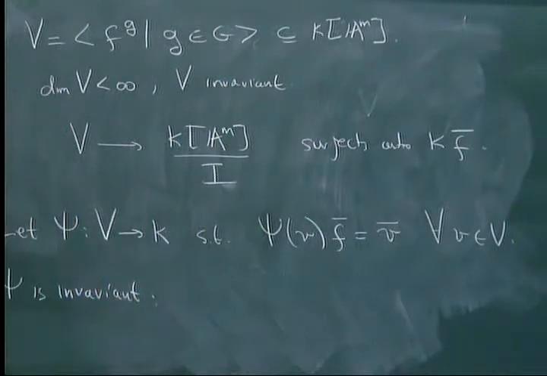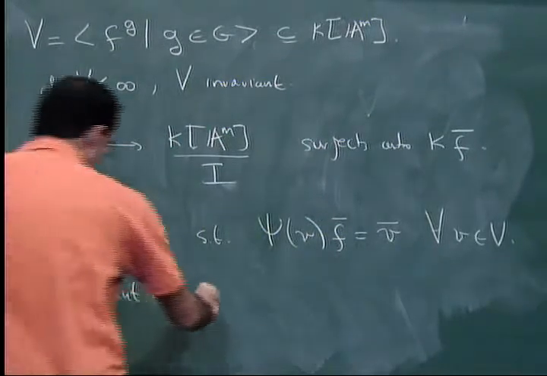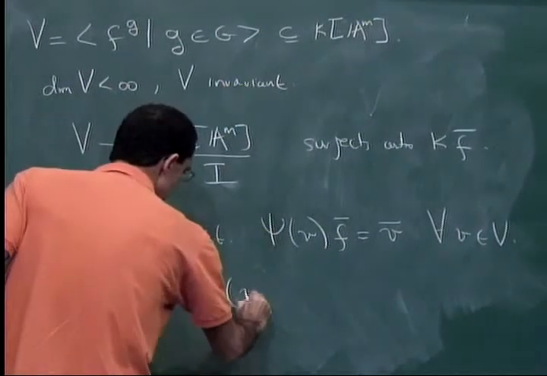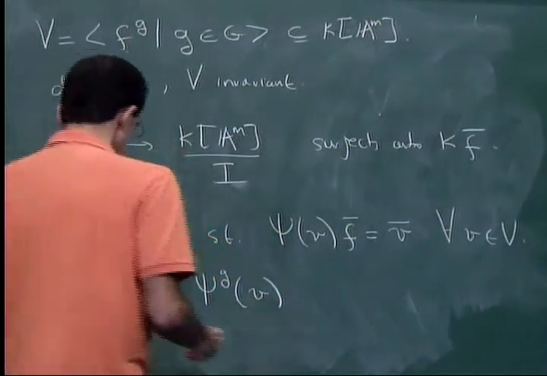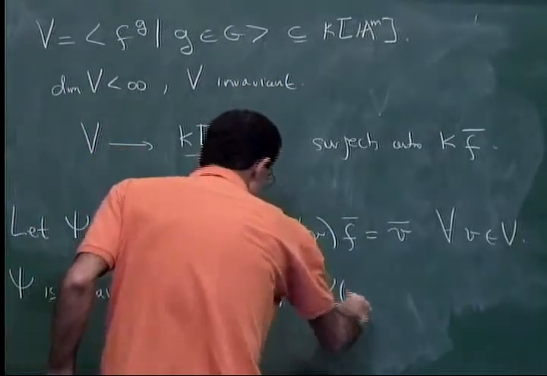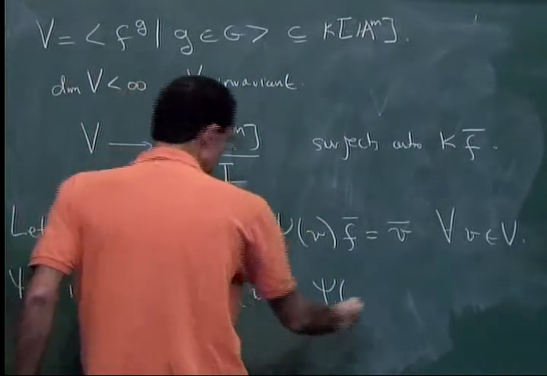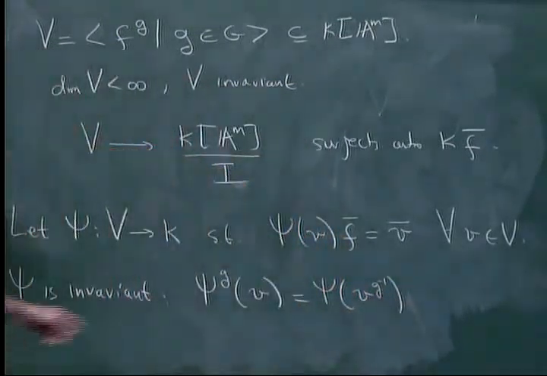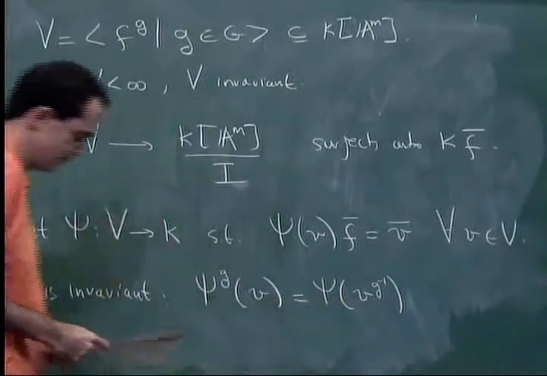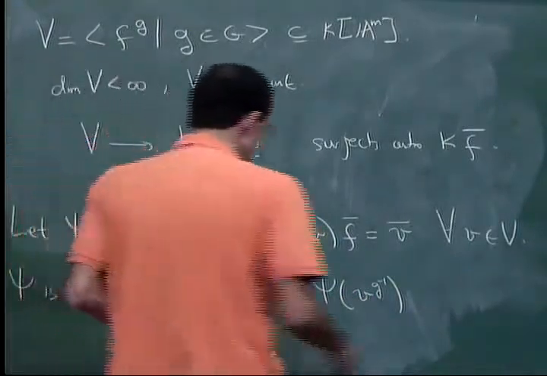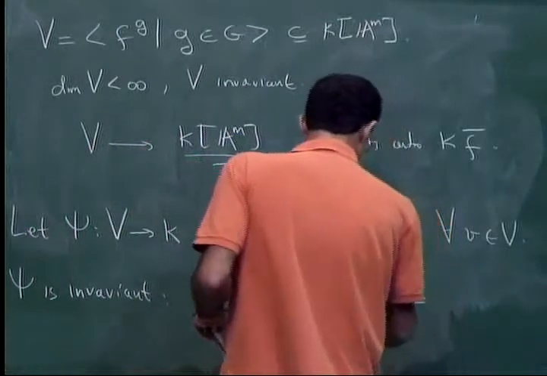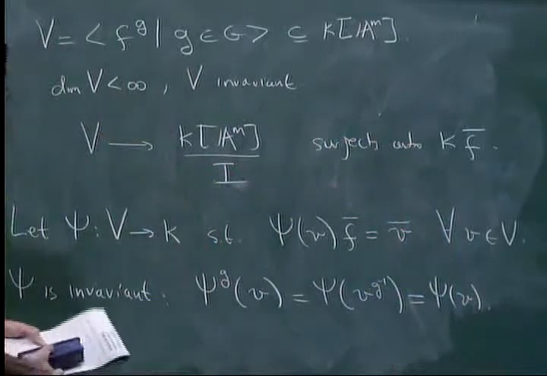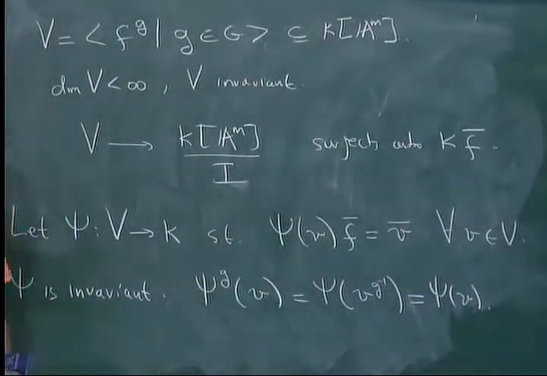So what we have to show is that psi g applied to V, which is by definition psi of G inverse applied here. So that's V G inverse, because that's the action on functions. I'm denoting this way with G on top. So what we have to show is that this guy here is equal to psi of V. So the psi of G is equal to psi.